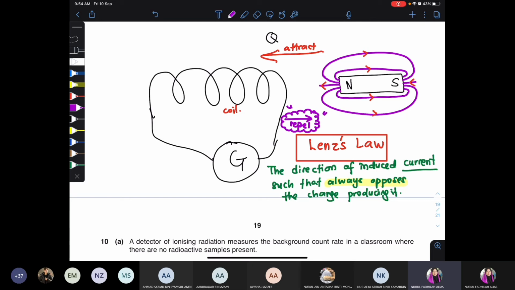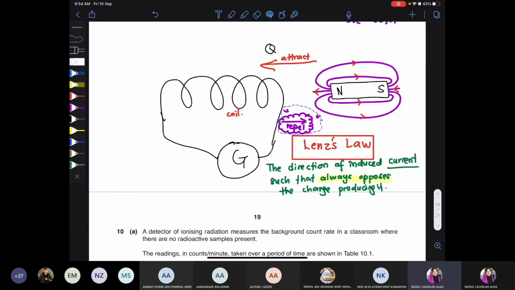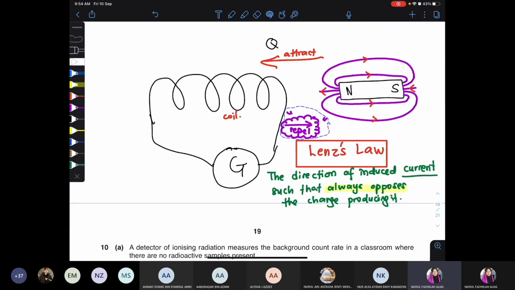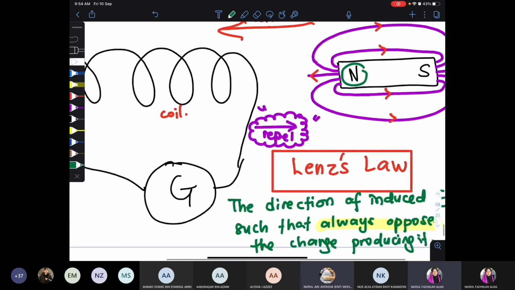Seolah-olah dia repel. Kalau you tahu about bar magnet, kalau repel maksudnya if this is north, sini juga mesti north.